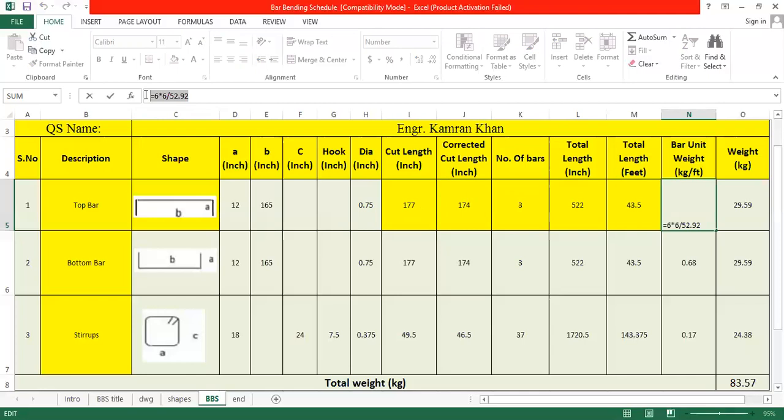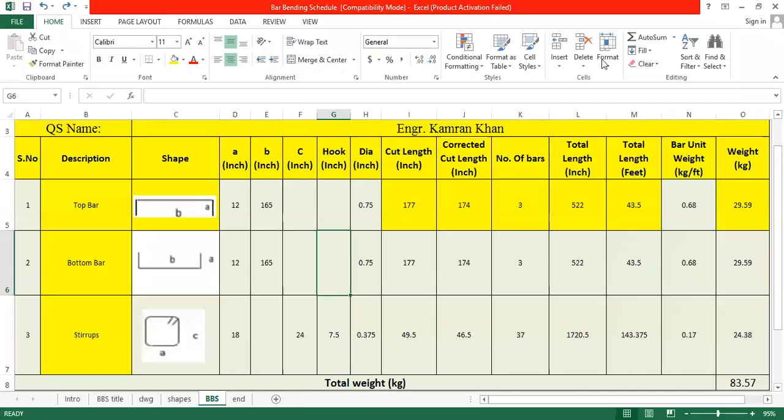If you are interested in pounds per feet, just use the formula bar number square divided by 24. That will give you the unit weight of bar in pounds per foot. Now the weight of the bars used in the top portion of the beam will be the bar unit weight multiplied by the total length, which gives a value of 29.59 kg.